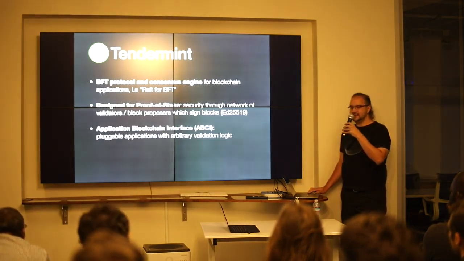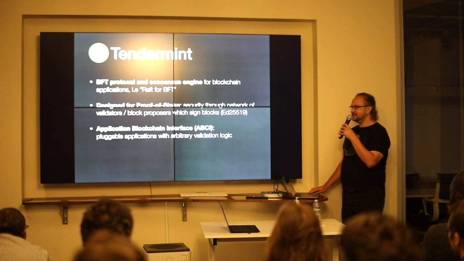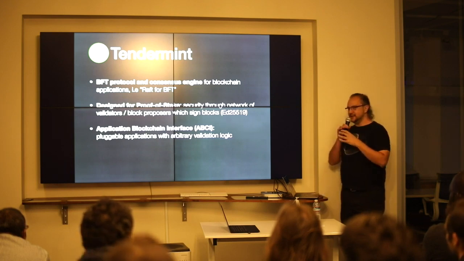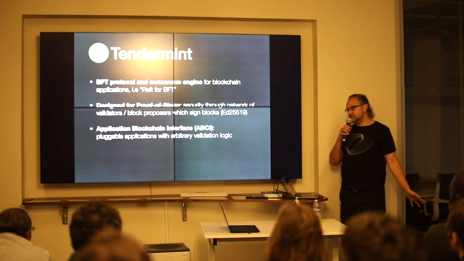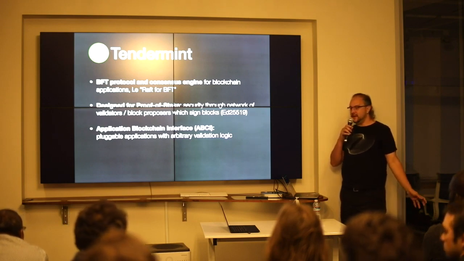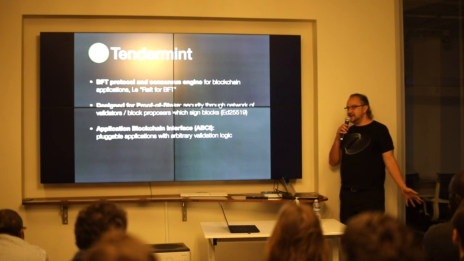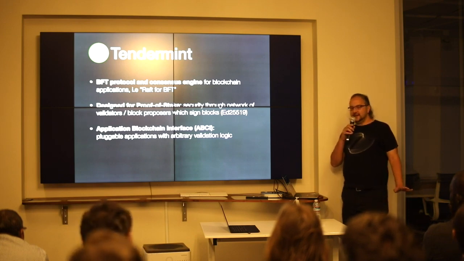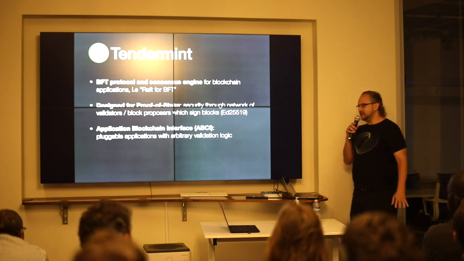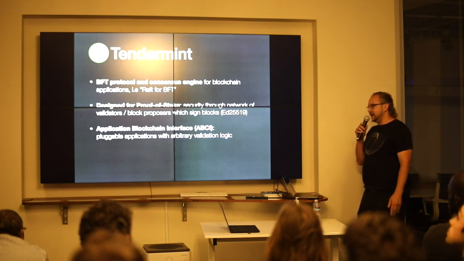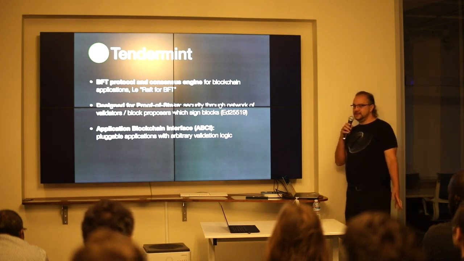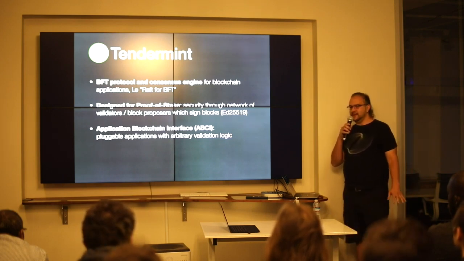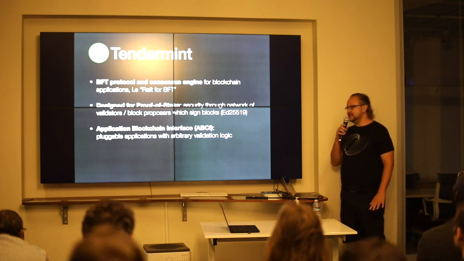So Tendermint also has this thing called the Application Blockchain Interface. Where most blockchains are tied to a specific virtual machine like the EVM or the two we heard about tonight, Tendermint is kind of agnostic to that. So you can just plug in whichever consensus engine you want. That's called your application. There's still this notion of transactions, but transactions to Tendermint are opaque and application specific.